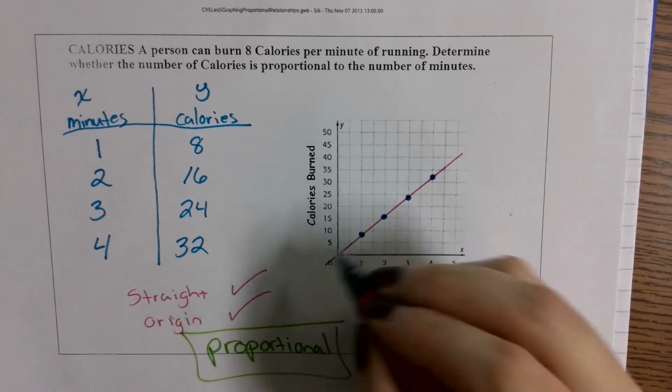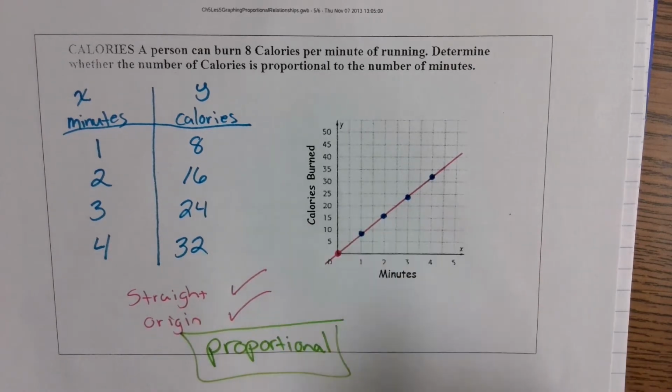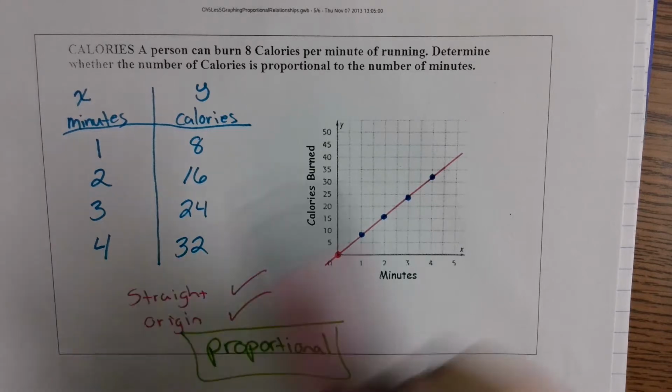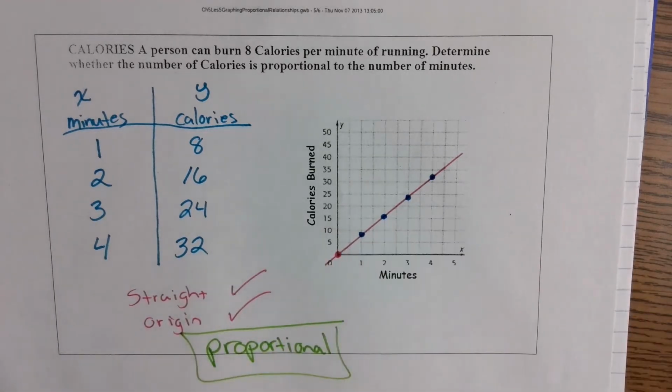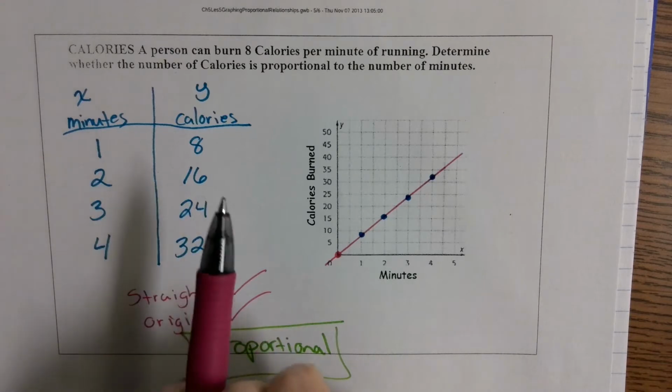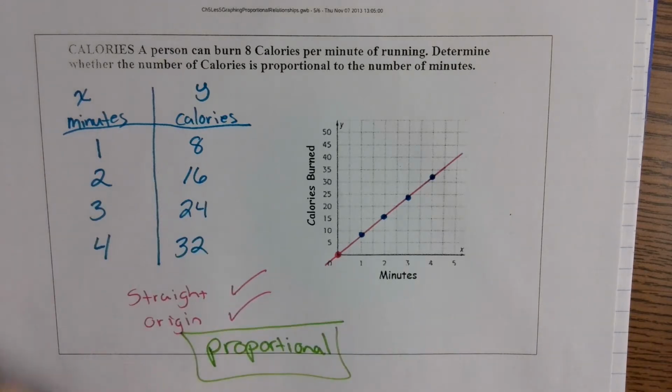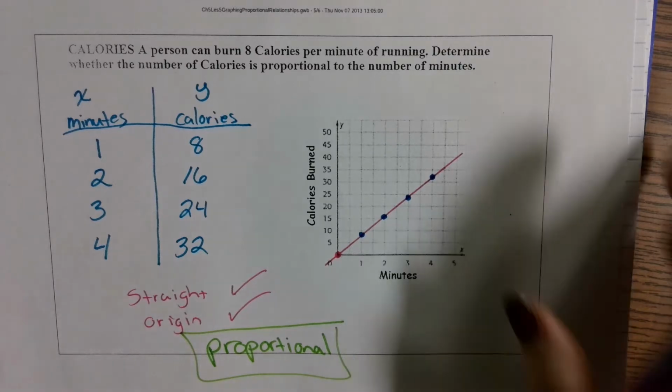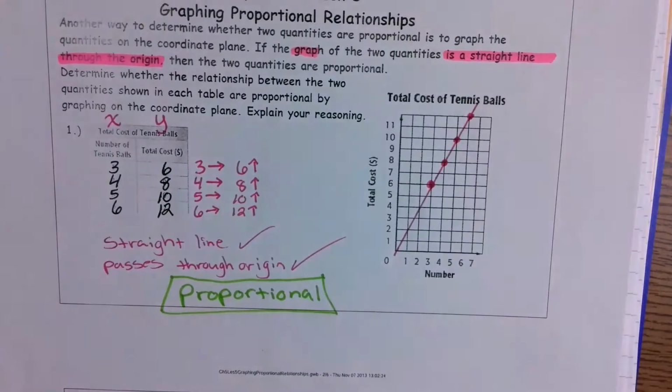Once you pass through the axis, if it goes to the origin, which is 0, 0, then that's the origin. It has to go through 0, 0. And that makes sense. If you don't run, do you burn the calorie? No. Okay? All right. So let's go back through each problem and let's identify what the unit rate is for each of them, because that's what you're going to have to do for your assignment.